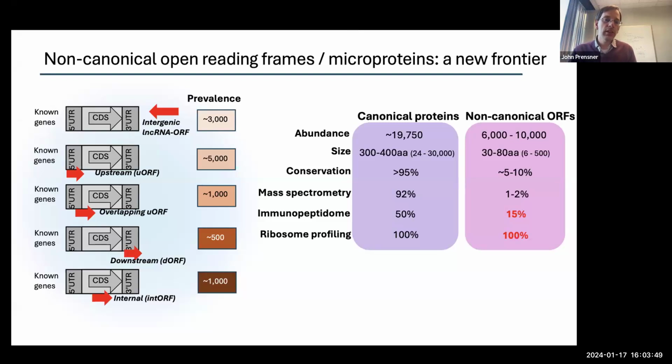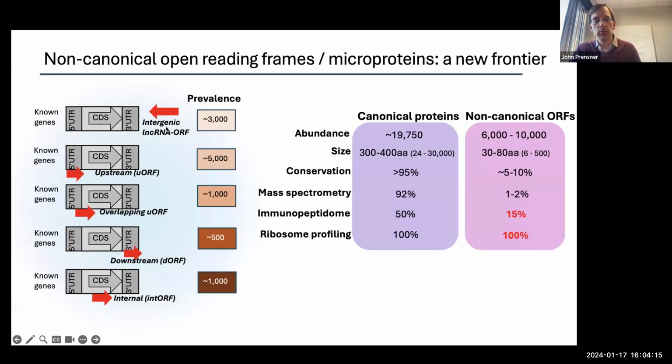But what we've learned in the past maybe 10 to 15 years is that there's this other side of the coin. There are these 20,000 protein coding genes, and yet there seem to be huge numbers, some numbers of thousands, of additional things in the genomes of these cells. These are open reading frames that appear to be translated, and they can be located in long non-coding RNAs.